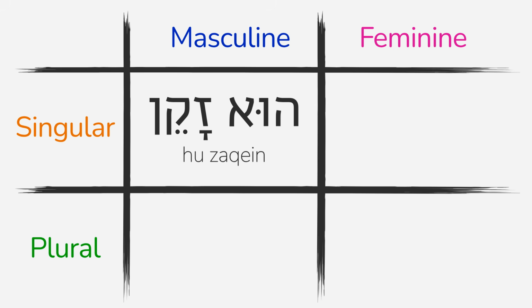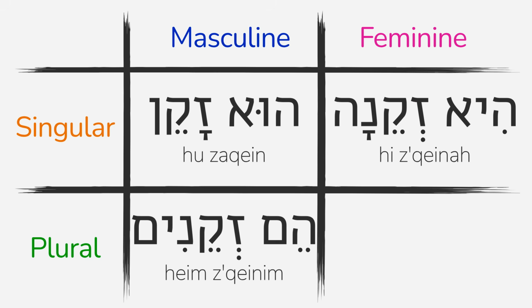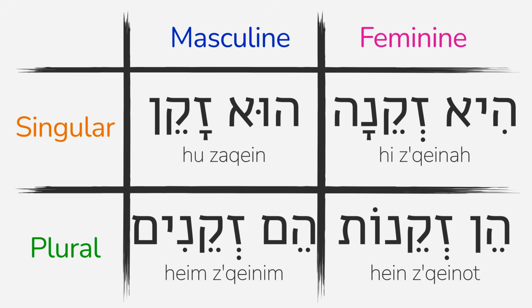Hu zaken, he is old, hi zekena, she is old, hem zekenim, they are old in masculine form, and hen zekenot, they are old in feminine form.